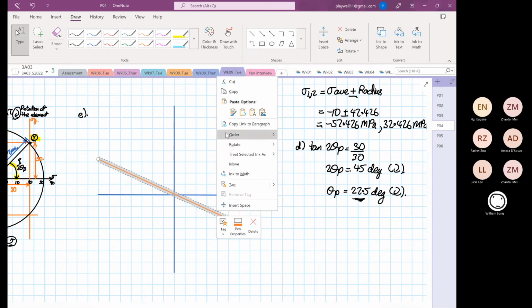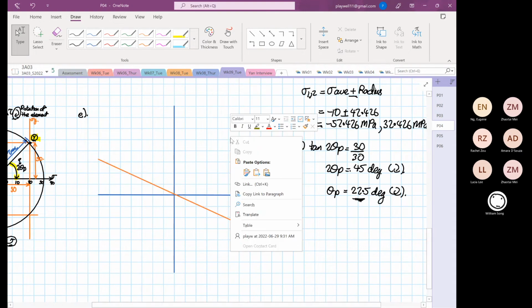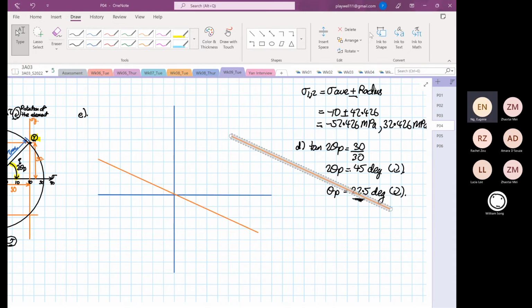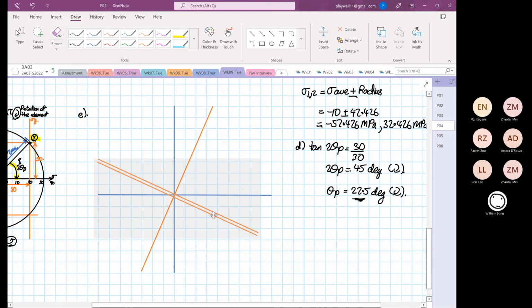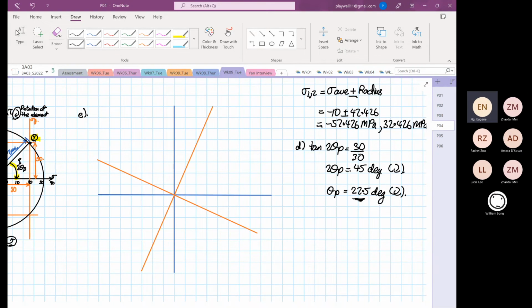Okay, I'm going to rotate this by 90 degrees. Okay, so this is our principal plane axis. And now I'm going to draw a square relative to the principal plane axis.